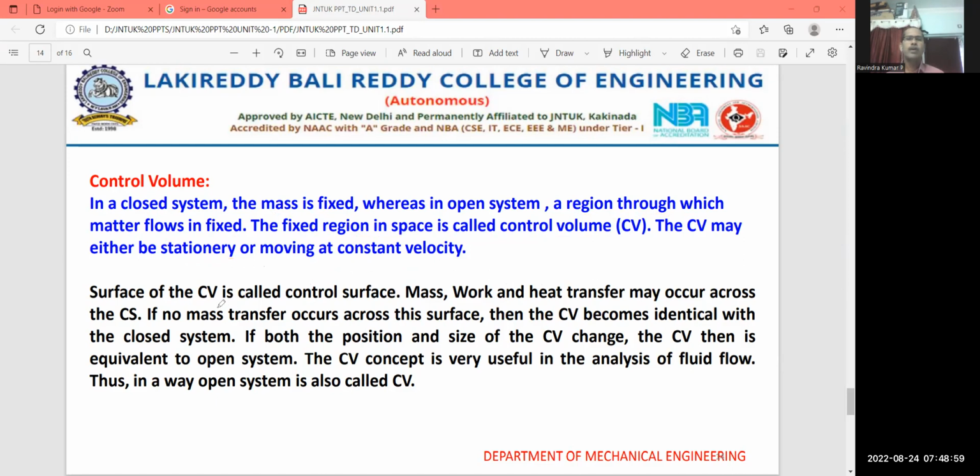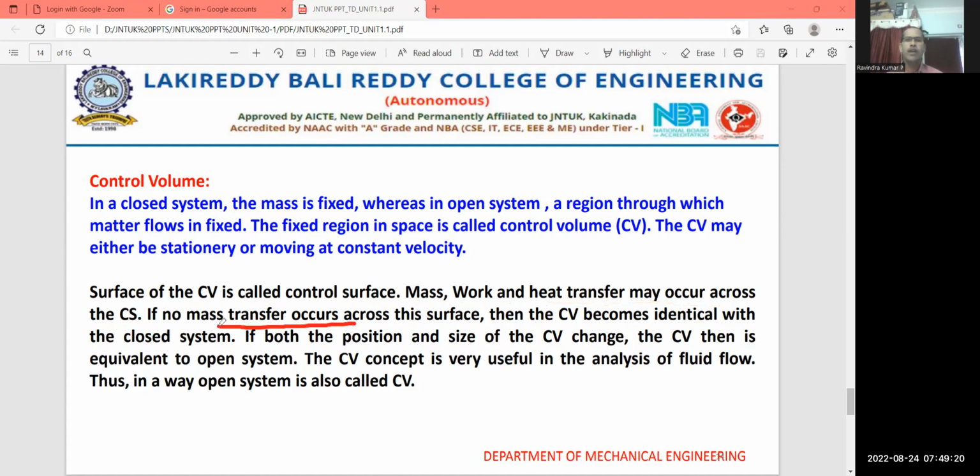The surface of a control volume you can call a control surface. Now, you should identify what is going to happen on the control surface. Mass, work, and heat transfer may occur across the control surface.